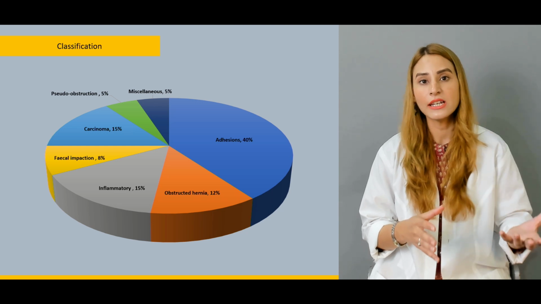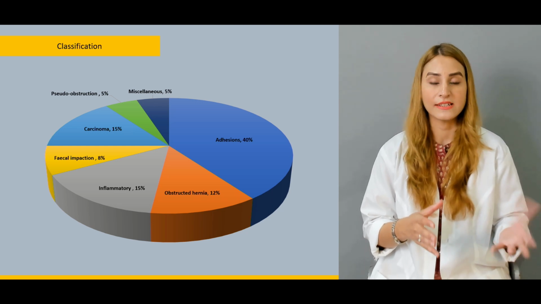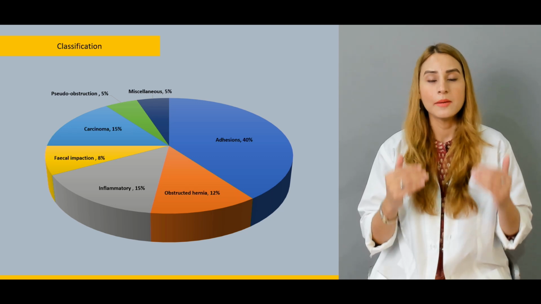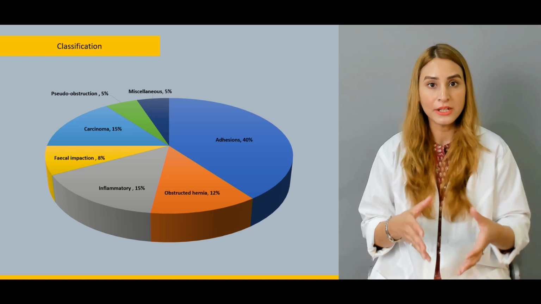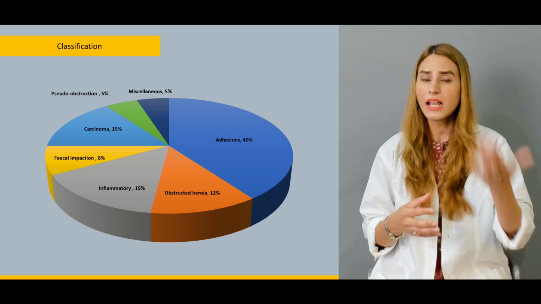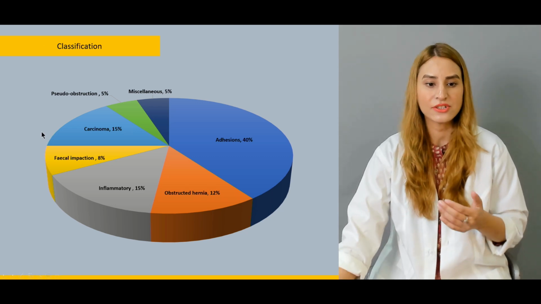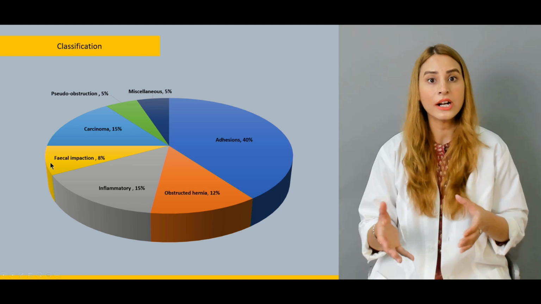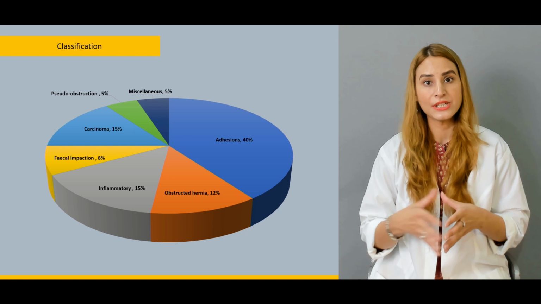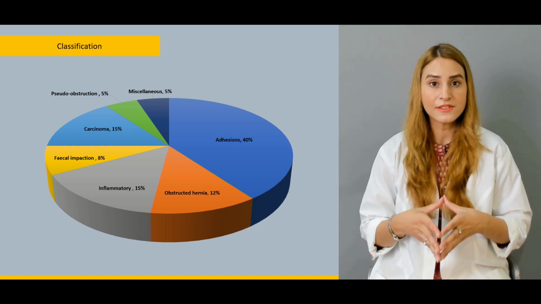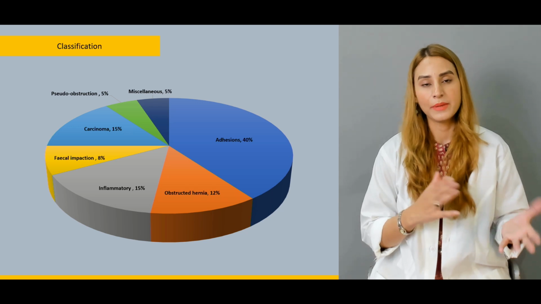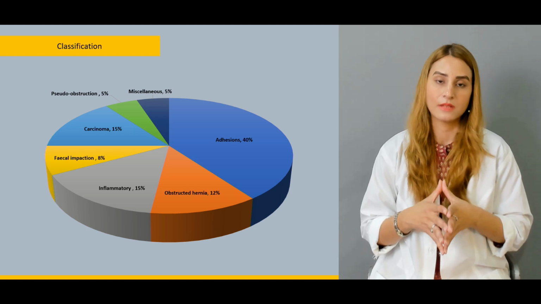Intraluminal obstructions mean there is a mechanical obstruction in the lumen of the intestine, right? There's fecal impaction, or a foreign body, or maybe a bolus obstruction because of gallstones. They are basically in the group of intraluminal obstructions.